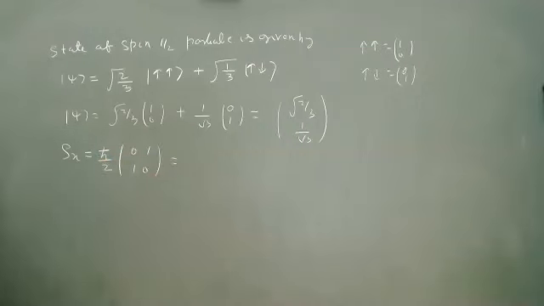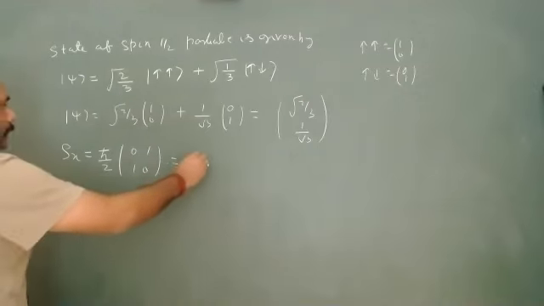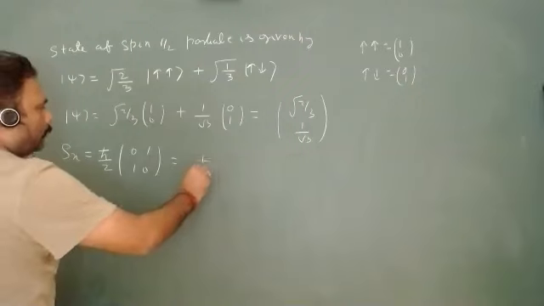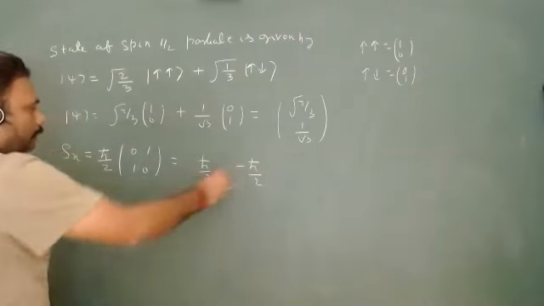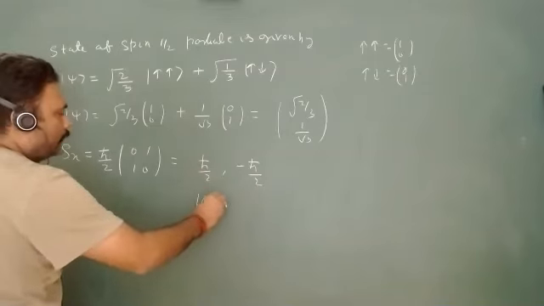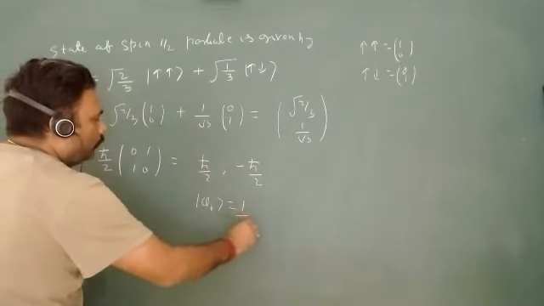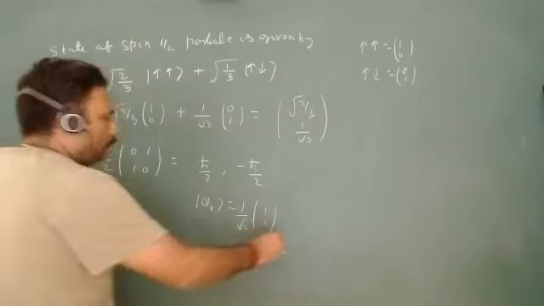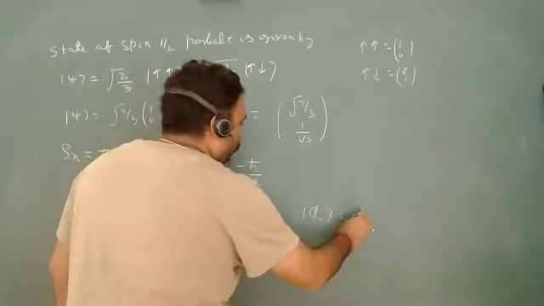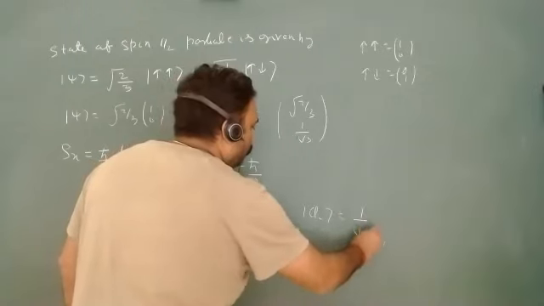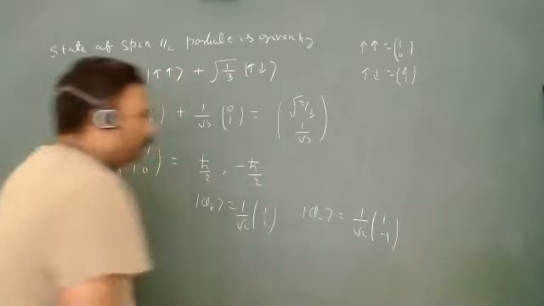And what will be the eigenvectors? The eigenvalues of Sx are ħ/2 and −ħ/2. Sorry, the eigenvalues, and the eigenvectors are: φ plus is nothing but 1/√2 (1 1), and φ minus is nothing but 1/√2 (1 −1).